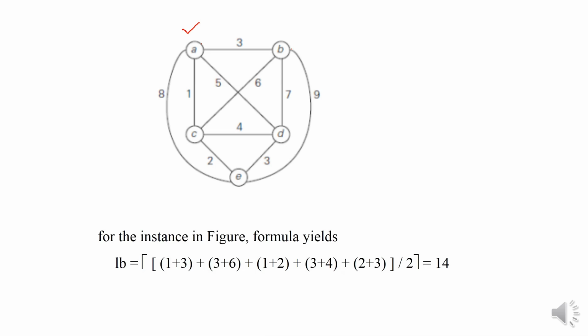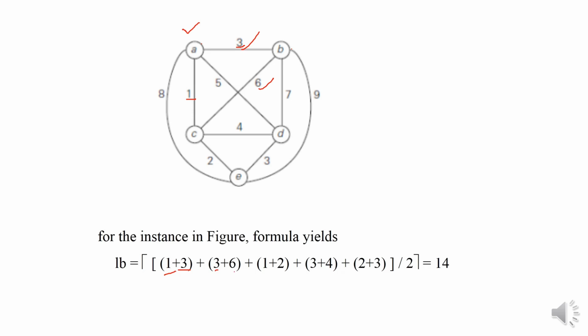So for city A, among the edges of weights 8, 1, 5 and 3, the minimum are the ones with the weights 1 and 3. So we will consider 1 and 3. Next for city B, out of the edges with weights 3, 6, 7 and 9, the least two are the ones with the weight 3 and 6. So we take 3 plus 6.